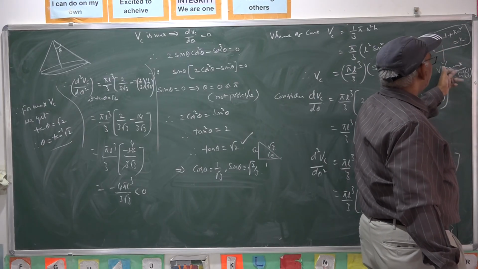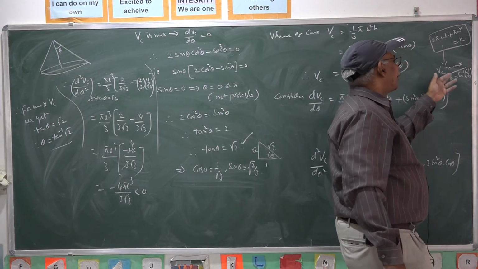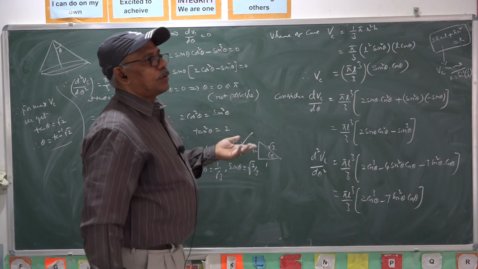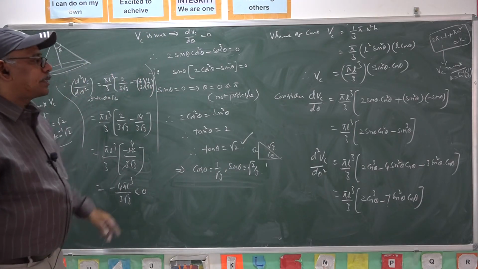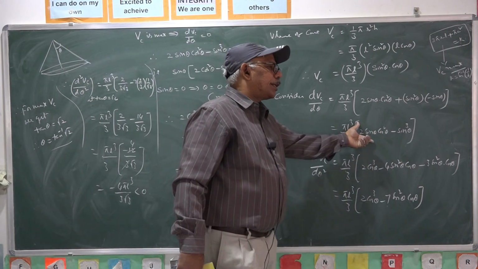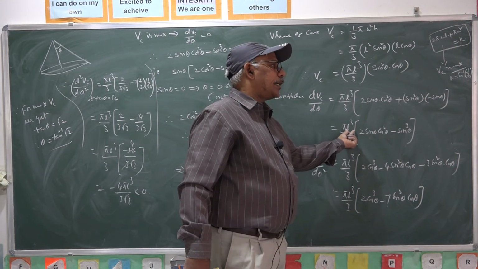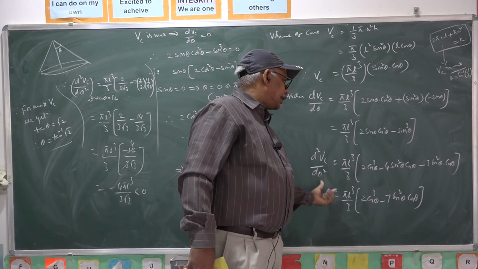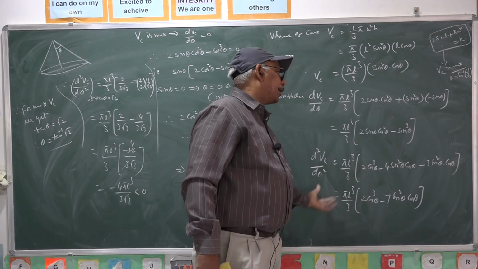So put that L value, or r and h value, in Vc to maximize that volume. Write volume of the cone completely in terms of theta, so you get Vc completely in theta.